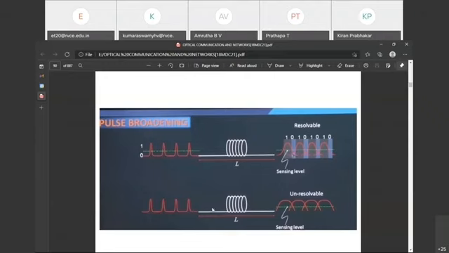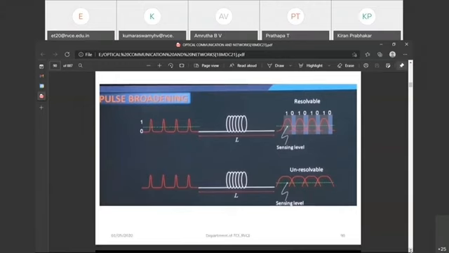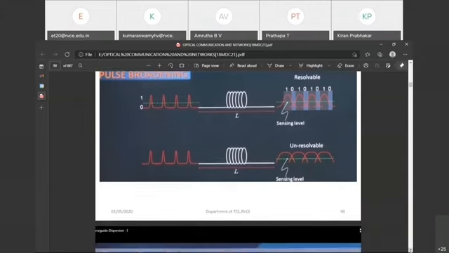But if the number of bits increases or your sensing level is made higher, you will find unresolvable broadening of the pulse. This is the representation of chromatic dispersion and hence the pulse broadening.